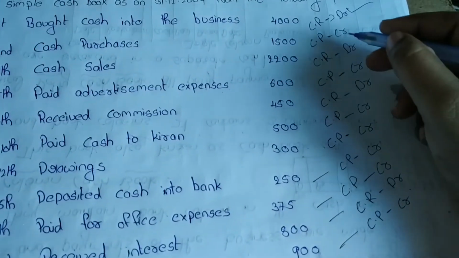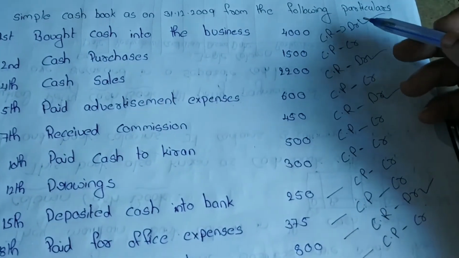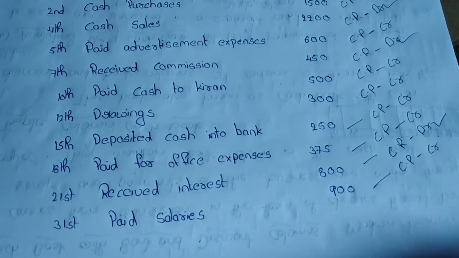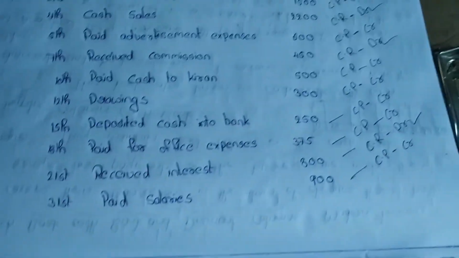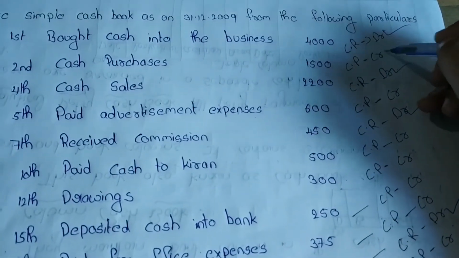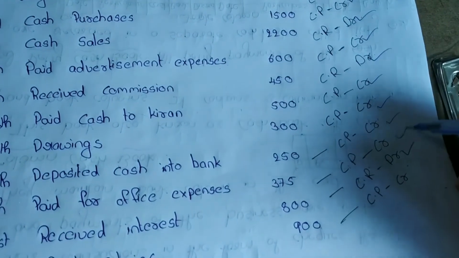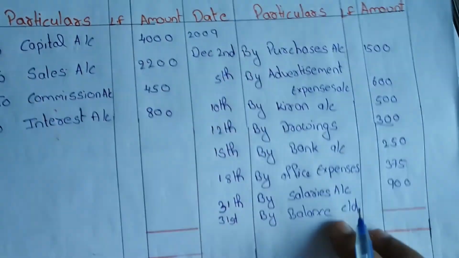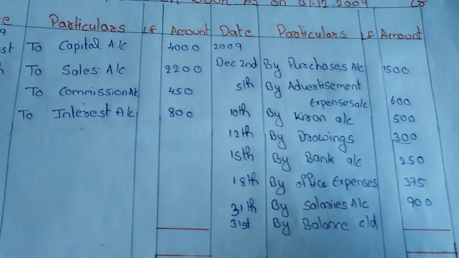See, 1, 2, 3, 4 transactions are on the debit side. Let's see the credit side: 1, 2, 3, 4, 5, 6, 7. So 7 transactions should be posted on the credit side.